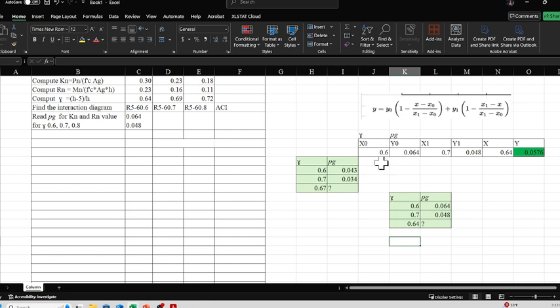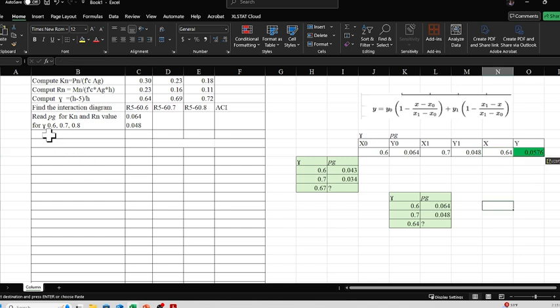So my X0 is going to be 0.6, which is gamma, and my Y0 is my rho g, which came out to be 0.064, so I'm going to put 0.064 there. And then I got 0.7 right here, which became 0.048. Then when I type in this, it will give me the answer.